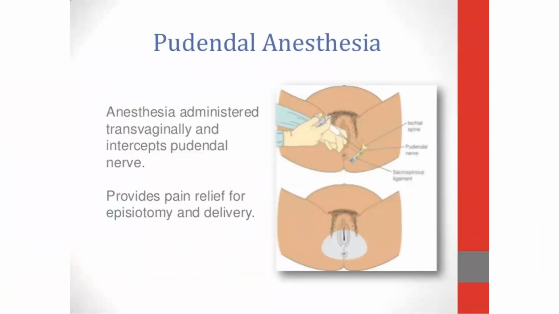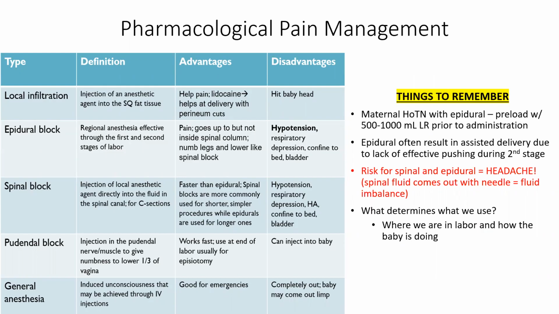This is what we have right here. It's on the lateral outside, right over here. But the advantages of this are its rapid onset of pain relief and no neonatal respiratory depression. It can be given during the transition phase. So if the patient can't get the epidural, this is probably what they're going to be getting. It's a relative ease of administration as well.